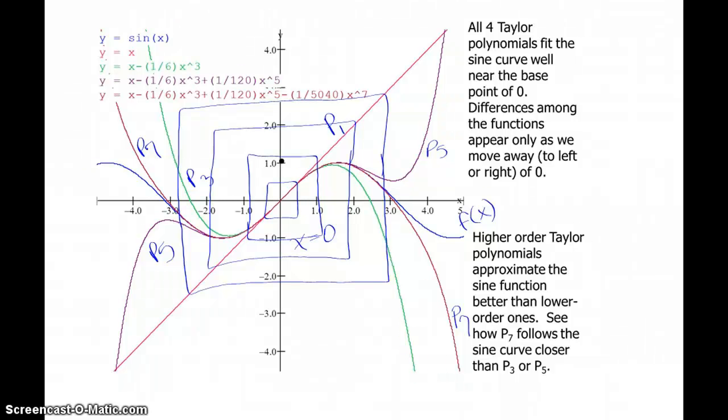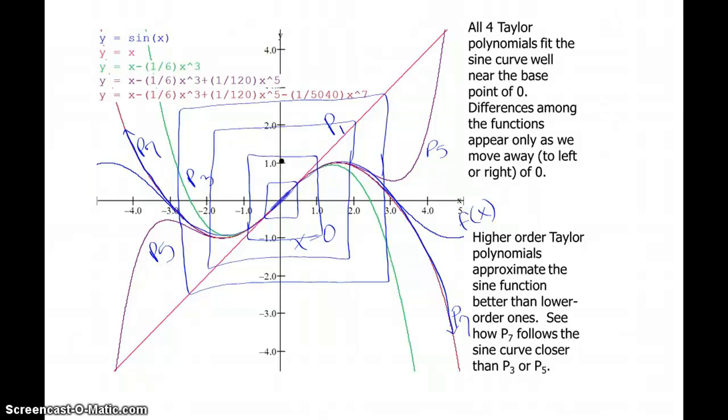So do you see that forcing the polynomial to have the same slope, in this case not the same concavity, but the same attributes as the third derivative, the fifth derivative, and the seventh derivative of sine, forces the polynomial to bend and twist and behave just that much more like our function the further and further away from that point of tangency that we get.